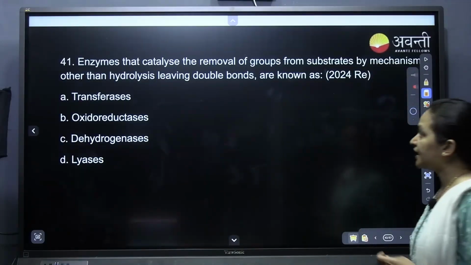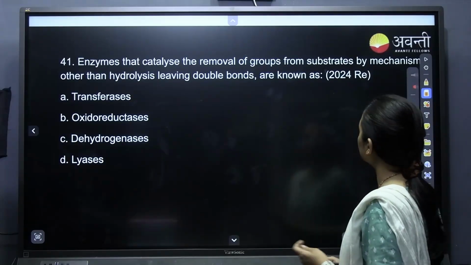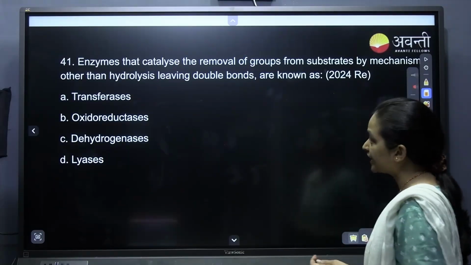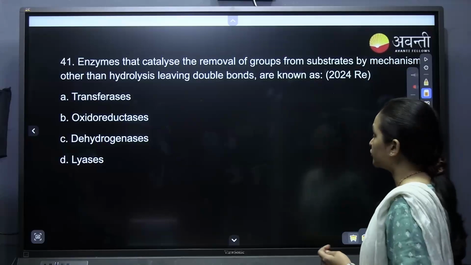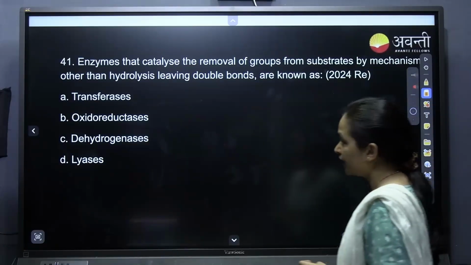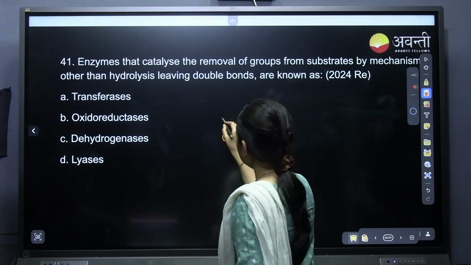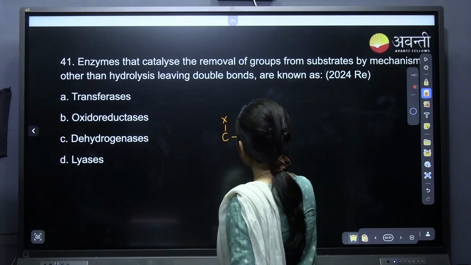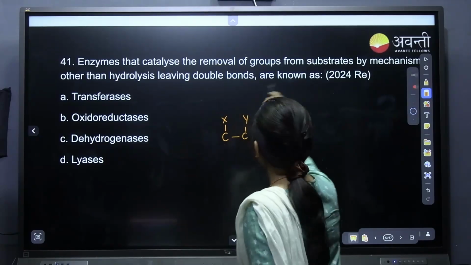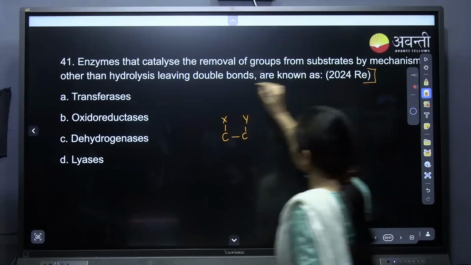The enzymes that catalyze the removal of groups from substrates by mechanisms other than hydrolysis, leaving double bonds, are known as. Actually, it is like this: C with X and C with Y. This statement is directly from the NCERT textbook.